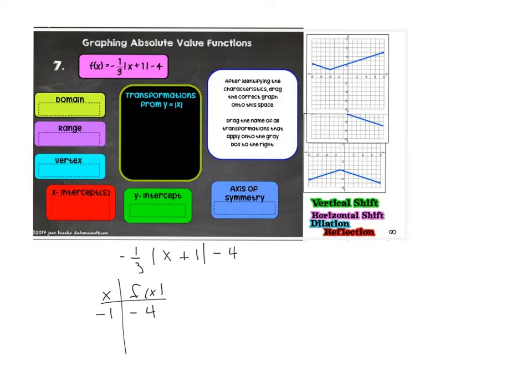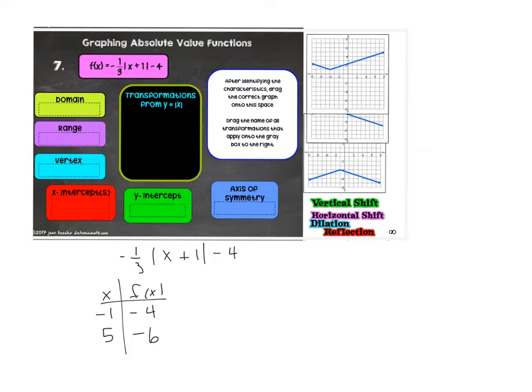Let's say that we did 5. 5 plus 1 is 6. Negative 1/3 of 6 is negative 2, minus 4 would be negative 6. So I don't know if I can see 5, negative 6. That looks like 7, negative 6.